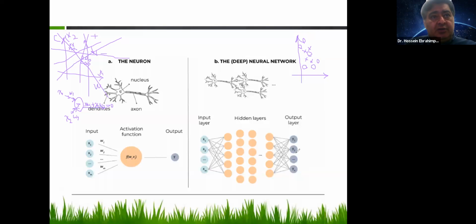And it starts the neural network philosophy, which happens in 1970 when some people come and say, okay, your very simple system, as you explained here, cannot solve a very simple problem like XOR.